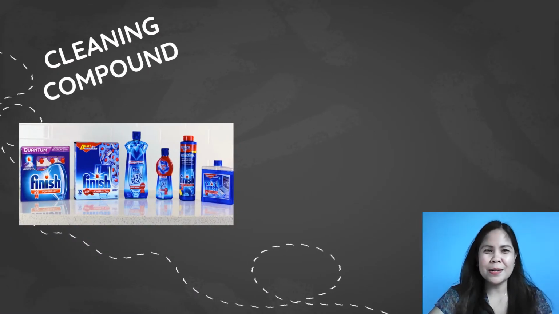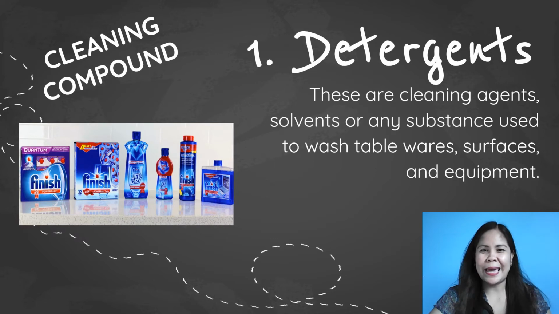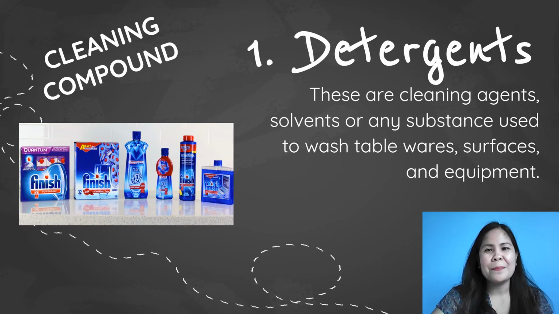Our first cleaning compound is what we call detergents. These are cleaning agents, solvents, or any substance used to wash tablewares, surfaces, and equipment. Detergents are the most common type of cleaning agent and are used in home and commercial kitchens. They work by breaking up dirt or soil, making it easy to wash away.